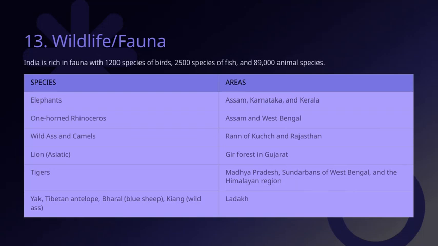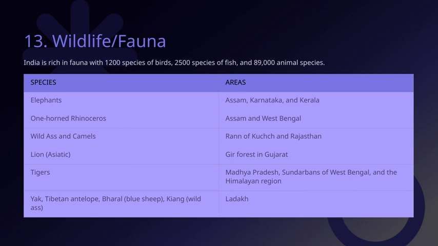India's wildlife is incredibly diverse, and this table highlights some of the key species and their primary habitats across the country. For instance, elephants are found mainly in Assam, Karnataka, and Kerala, showcasing their wide distribution in various ecosystems. The one-horned rhinoceros is mostly concentrated in Assam and West Bengal, primarily in protected areas like Kaziranga.